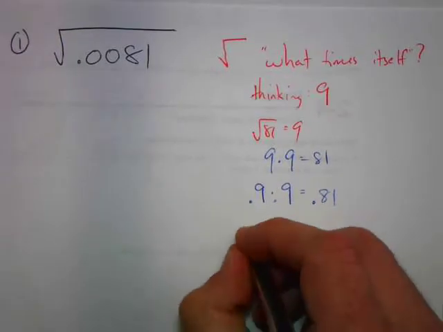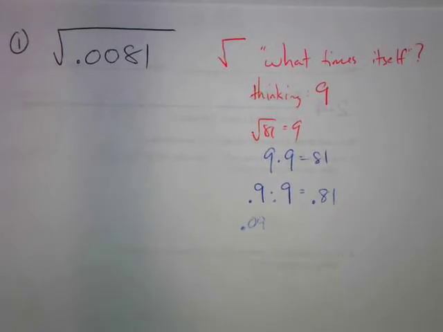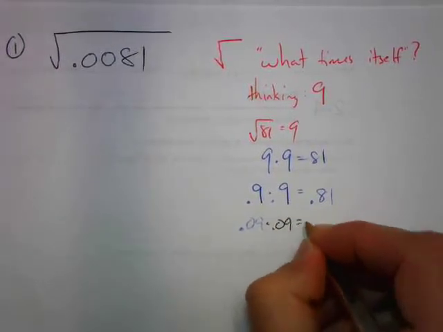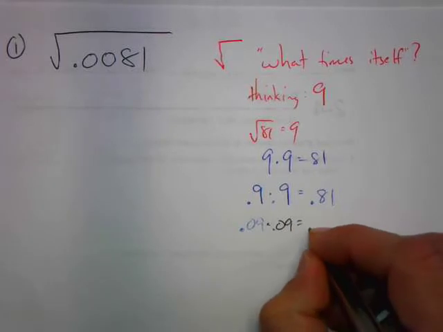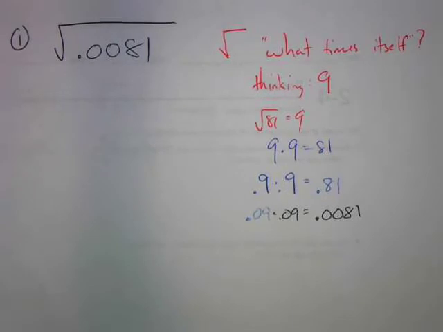Well, this is interesting now. So what about 0.09 times itself? Now we have to consider 0.09 times itself, and that will give you 81, but with 4 decimal places. How cool is that? So we have to consider decimal places.